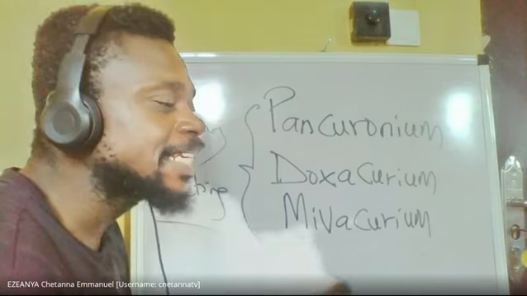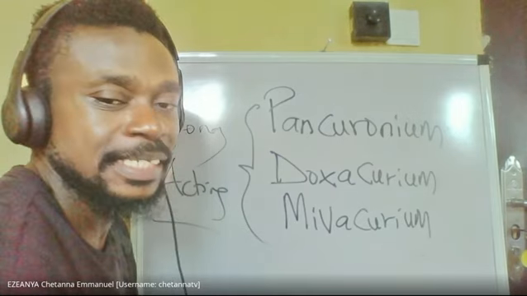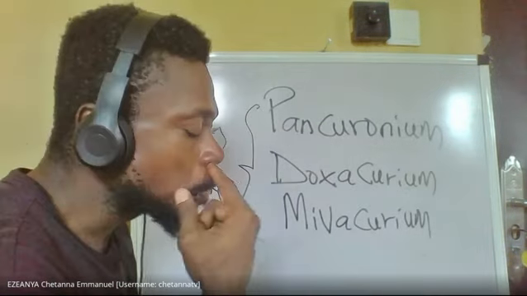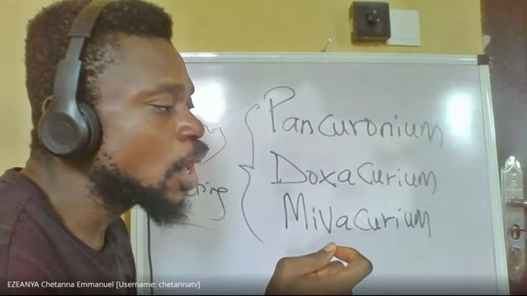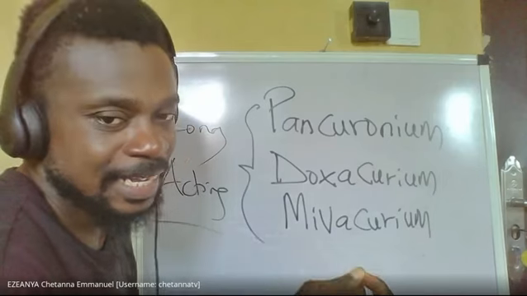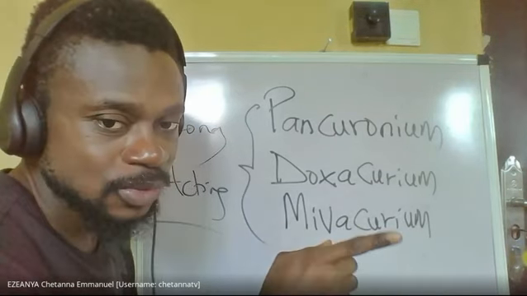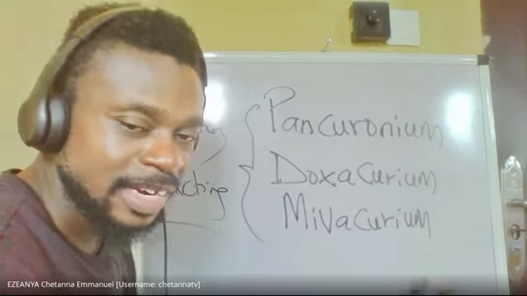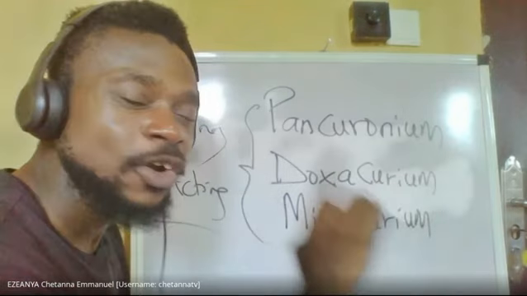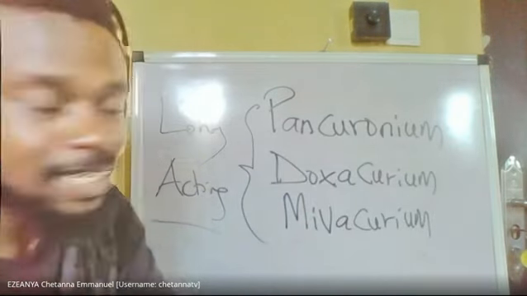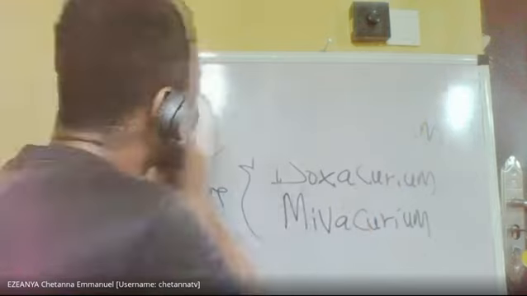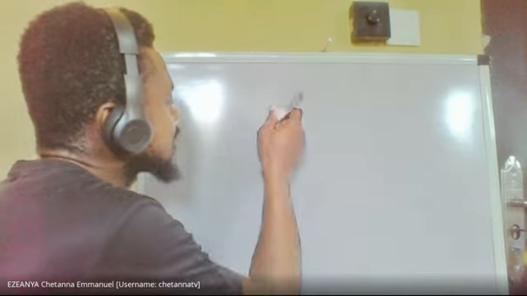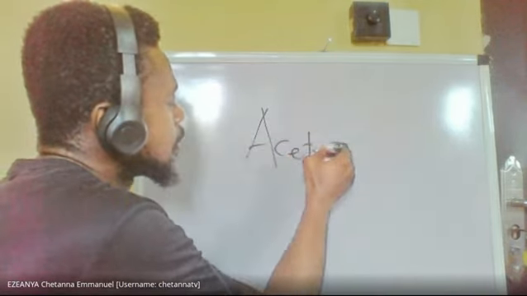In the parasympathetic nervous system, the major neurotransmitter that leaves the nerve to the muscle and initiates all those contractions is acetylcholine.